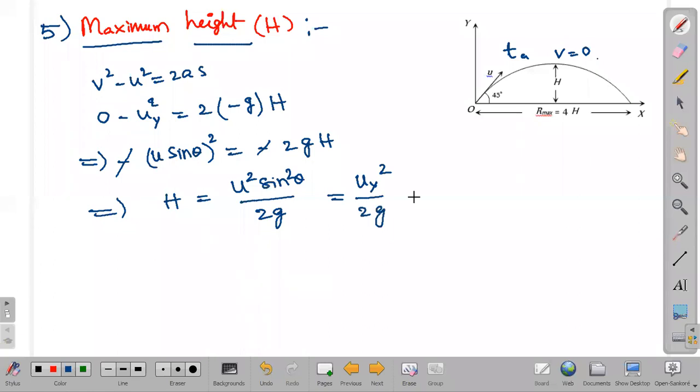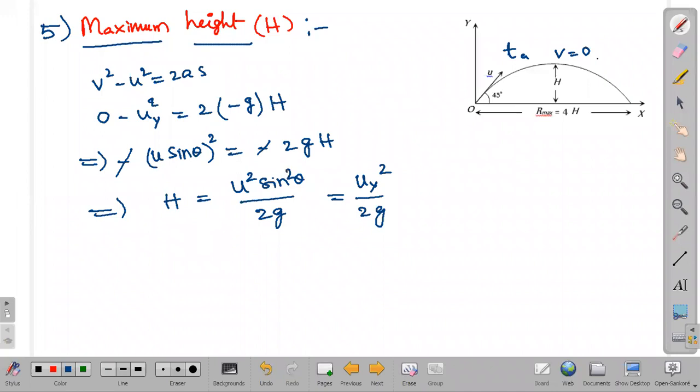Now, when this height will be maximum, at what angle will the height be maximum? For that, I'm not going again with the derivative part. Simply, which function is there in the height? Sine function. When will the sine function be maximum? For theta equal to 90 degrees, sine will be maximum.